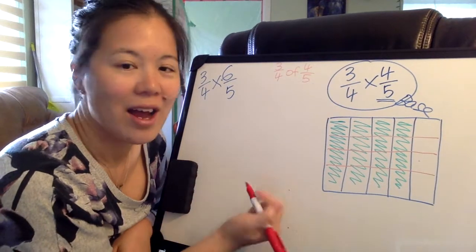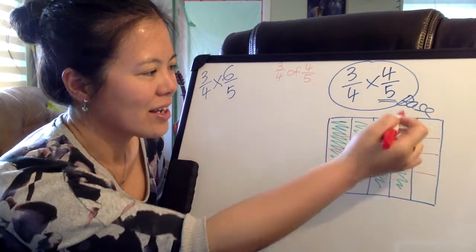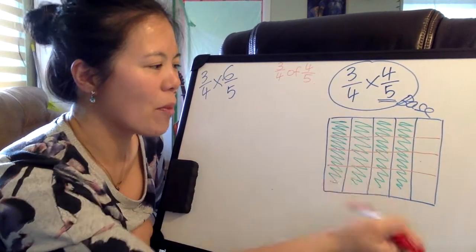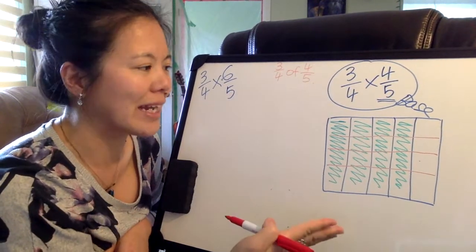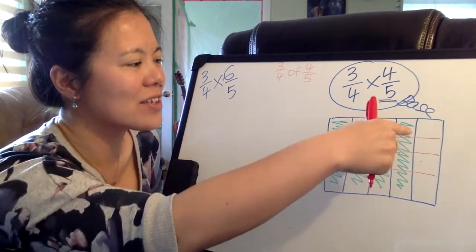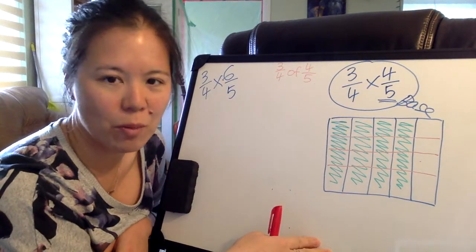I just divided the parts that are colored in green, that's the 4/5, into 4 equal parts.